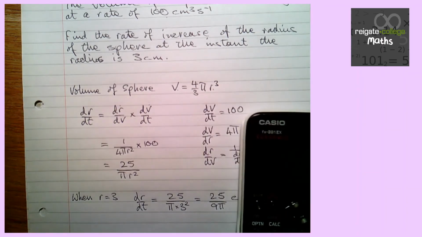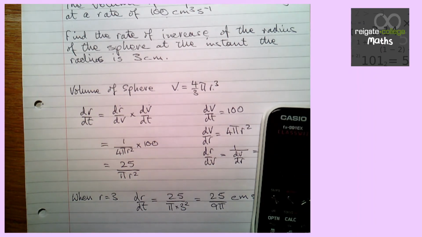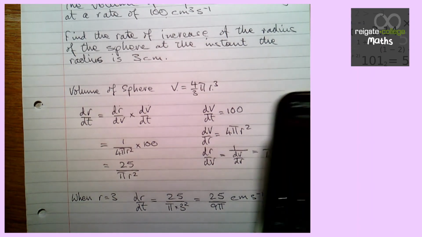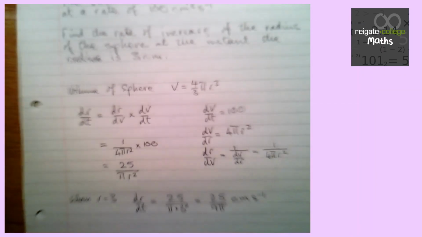So let's work that out on our calculator. So we've got 25 over 9 pi, which is 0.884. Sure if you can see that. Yeah, there we are.